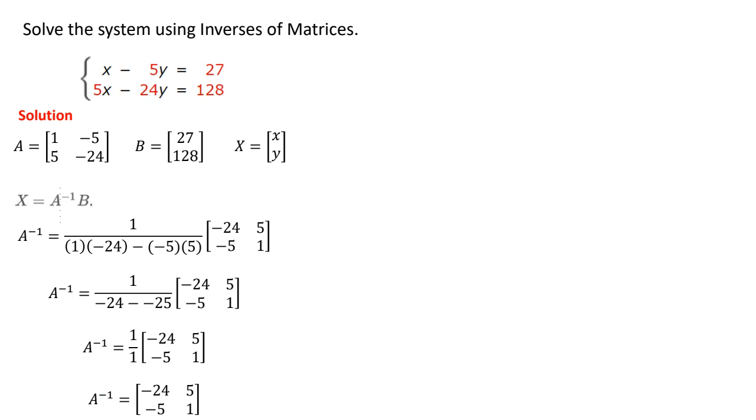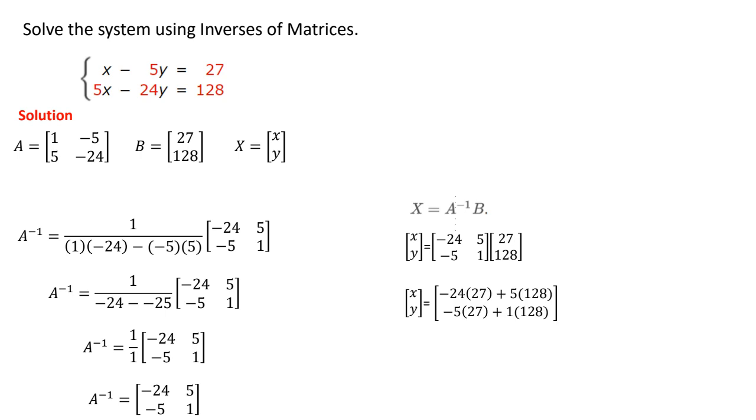So now we take our inverse. So I wrote it here. Times our B matrix, which is 27 and 128. And we're going to multiply. So negative 24 times 27, it's right here, plus 5 times 128. And negative 5 times 27 plus 1 times 128.